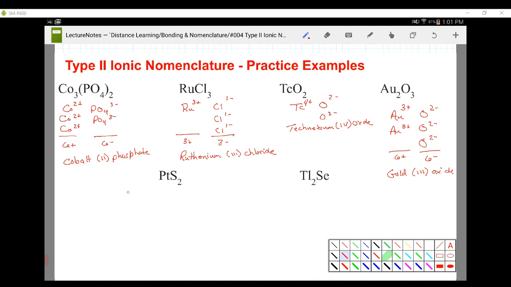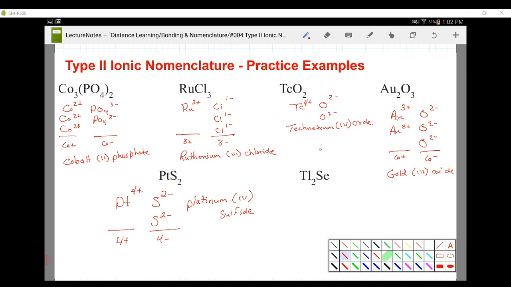Number 5, we have platinum. We have sulfur. There's 2 sulfurs. Each one has a charge of -2 for a total of -4. Platinum must be +4. So the name of this is platinum 4 sulfide.